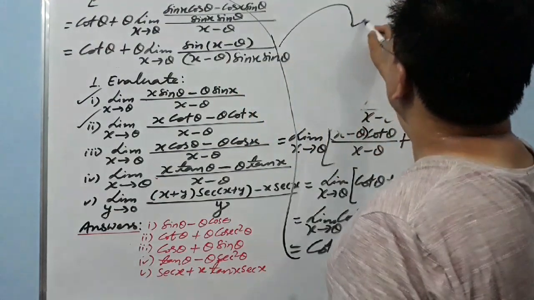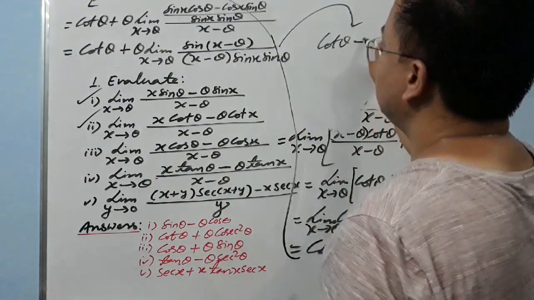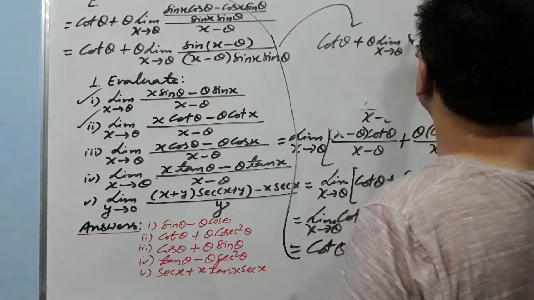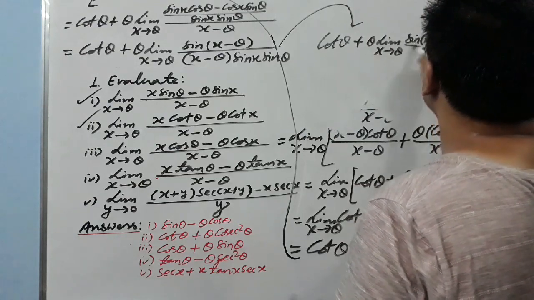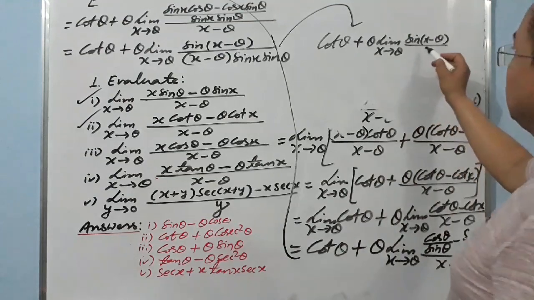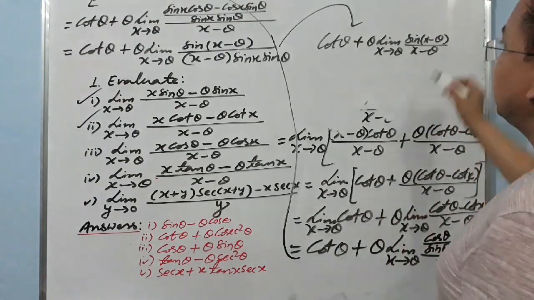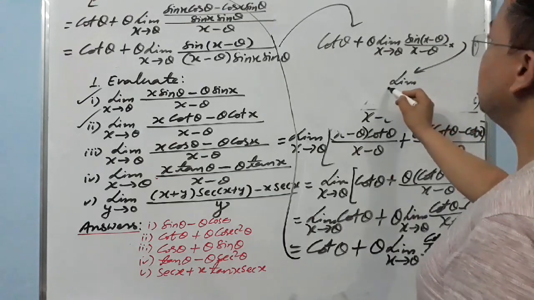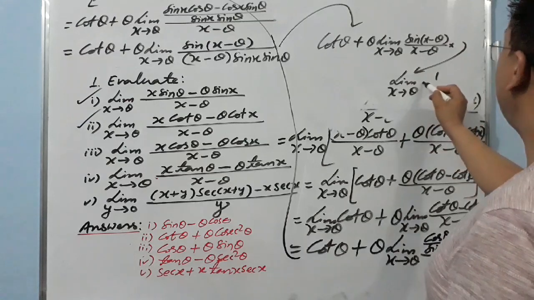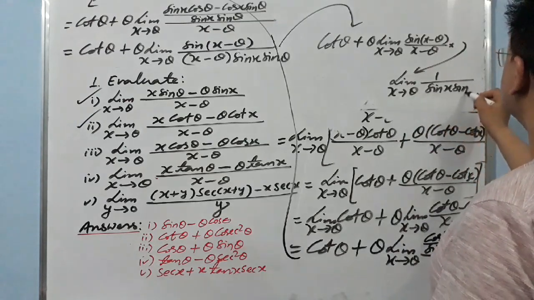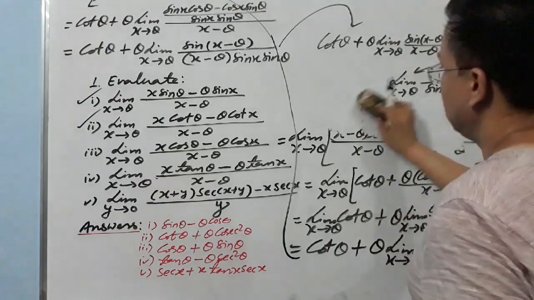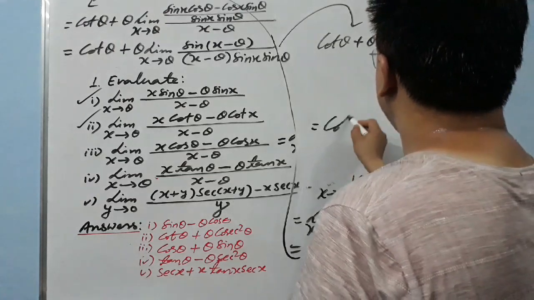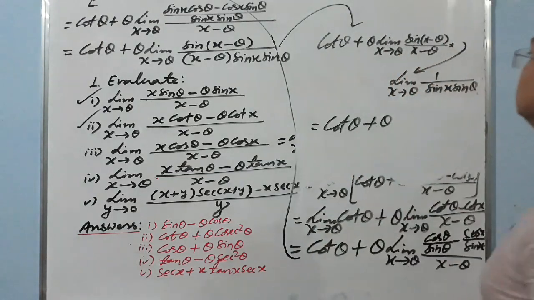And now I'm writing here cot theta plus theta limit, we can write separately, x tends to theta of sin of (x minus theta) over (x minus theta), into this part I am writing here limit as x tends to theta of 1 over sin x sin theta. Okay, I've just applied the limit theorem, is equal to cot theta plus theta.